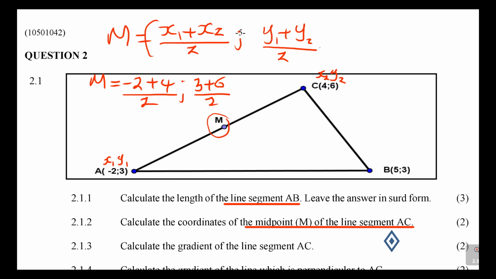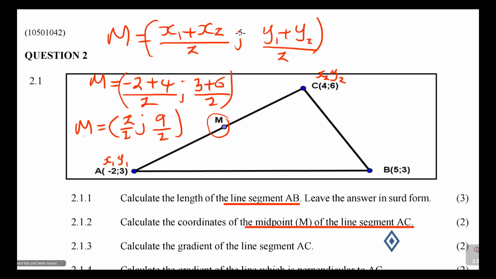You need to put that in coordinates form. So then M is equal to, now minus 2 plus 4, which is 2 over 2, that's the first part, and then 3 plus 6 over 2, which is 9 over 2.